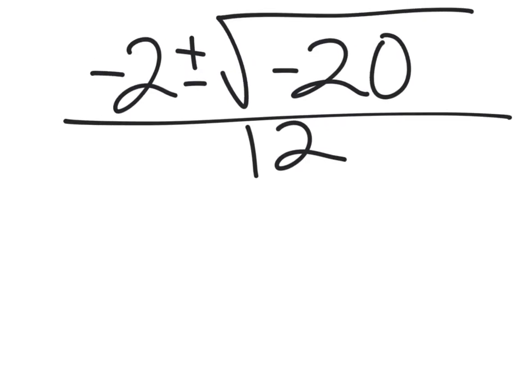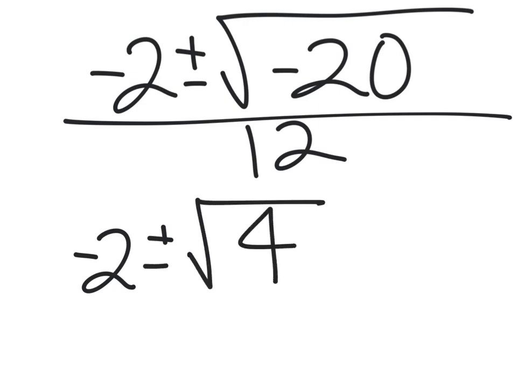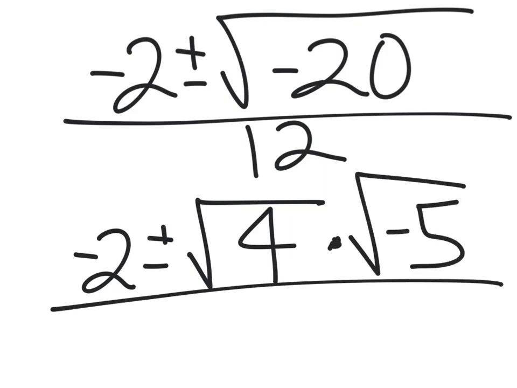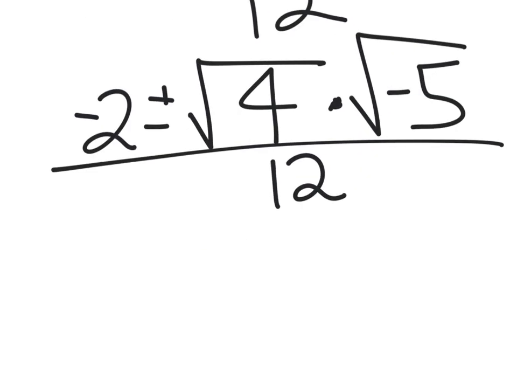Great, and whenever we have a number inside a square root, we need to ask ourselves, is there a perfect square that multiplies to give us negative 20? And there sure is. We know that 4 is a perfect square, and so we're going to simplify this like negative 2 plus or minus the square root of 4 times the square root of negative 5, all over 12.